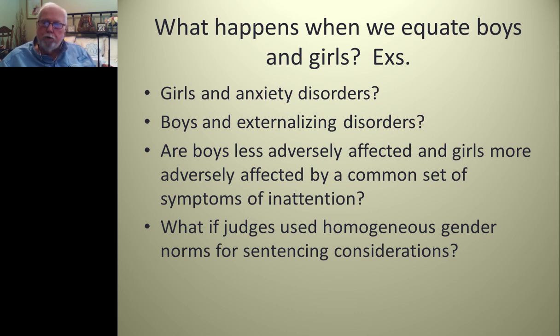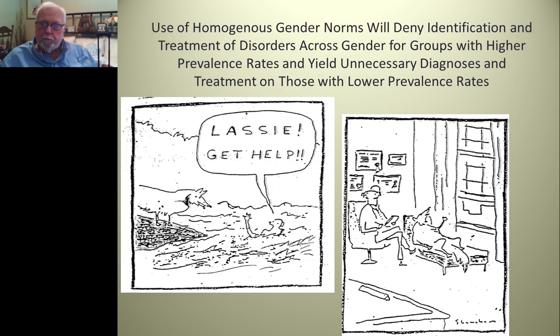But equating boys and girls on behavior rating scales, and believing that we should equate how they think, feel, and behave to eliminate any differences in different diagnostic groups, is equally unrealistic and will deny treatment.